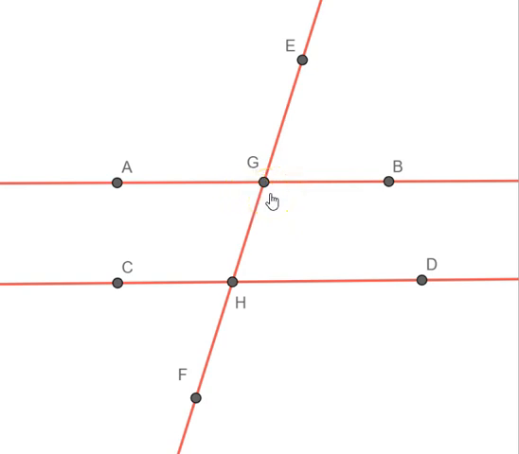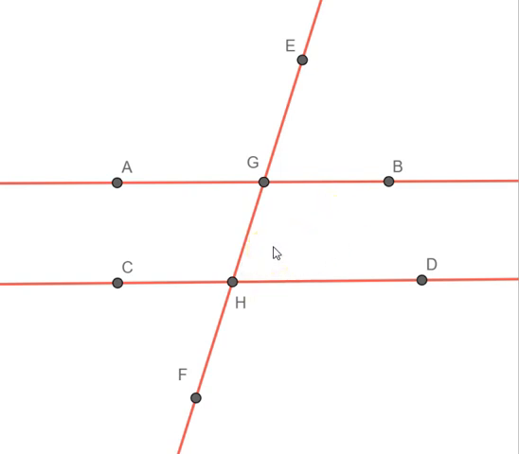So they sum up to 180 degrees. So we can say now that two right angles is greater than angle DHG plus HGB, or if we reverse it, angle DHG plus angle HGB is less than two right angles.